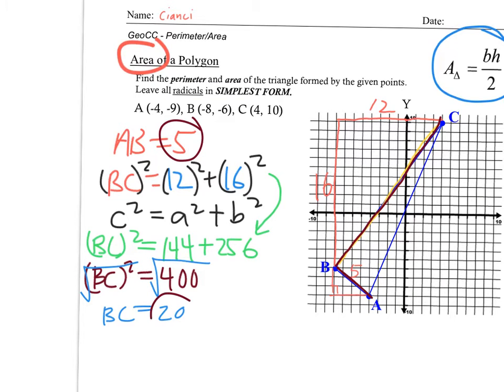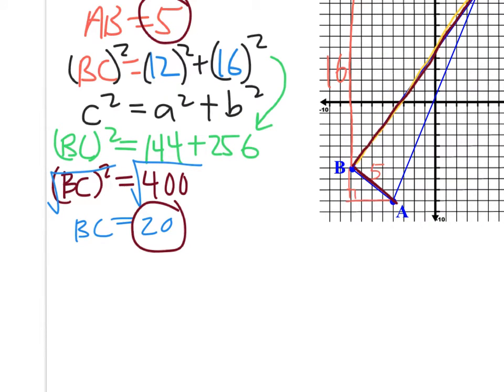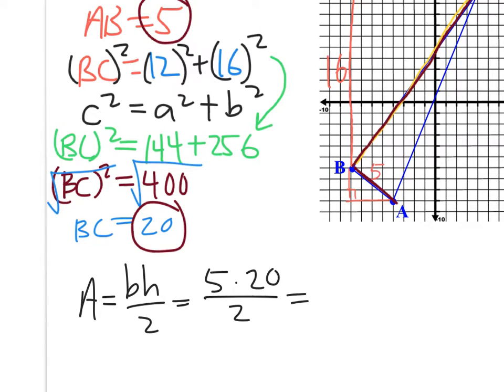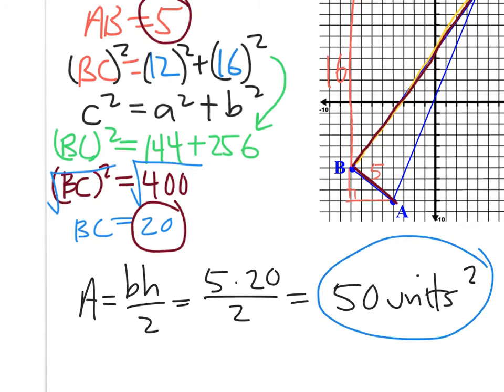BC is 20. So to find our area, which is base times height divided by 2, in this case it would be 5 times 20 divided by 2, which comes out to be 50 units squared. And that's it. That's your full area for this triangle. Done.